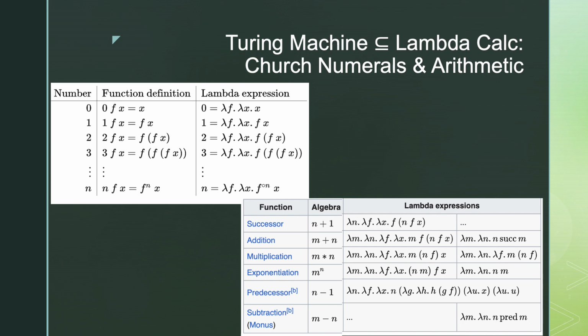We start off by trying to define the natural numbers, and we more or less arbitrarily define 0 to be this first lambda expression up here: lambda f dot lambda x dot x. So that's 0.